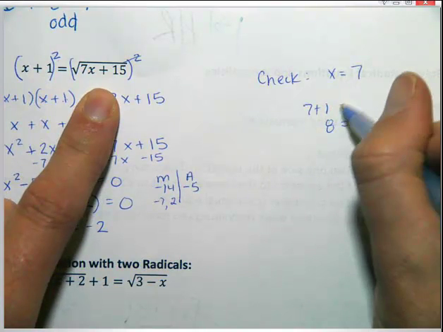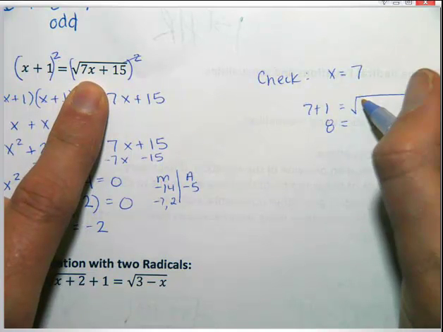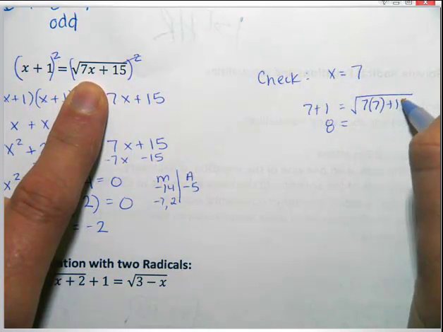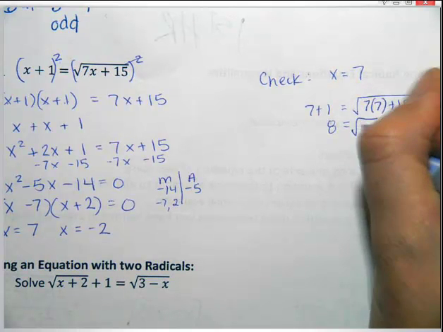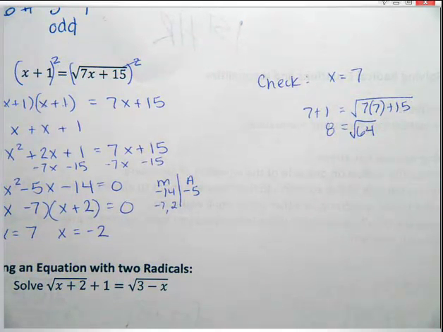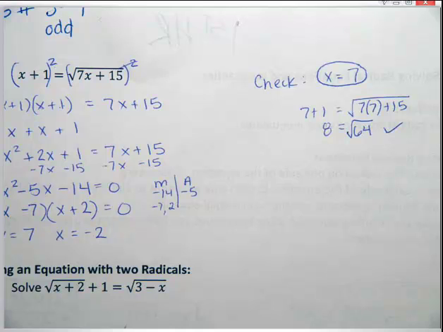And on the right side of the equation, we would have the square root of 7 times 7 plus 15. So that will be 49 plus 15. So square root of 64. Is that a true statement? Does 8 equal the square root of 64? Yeah. So the x equals 7 does work as a solution.